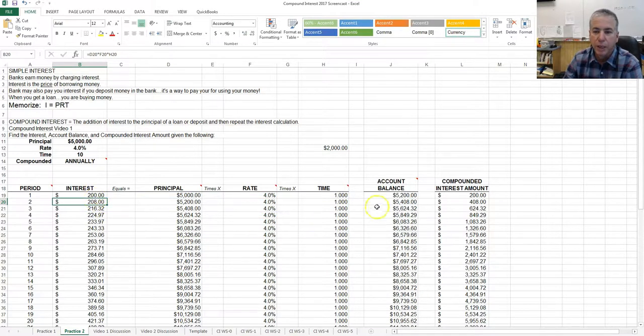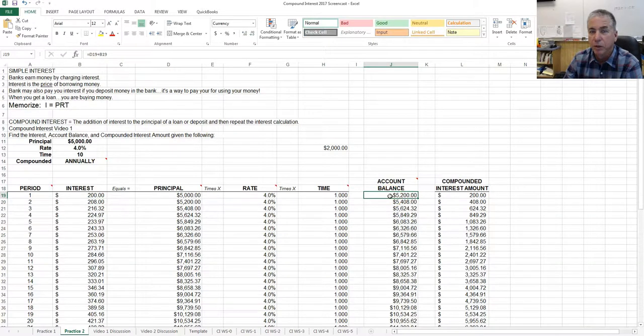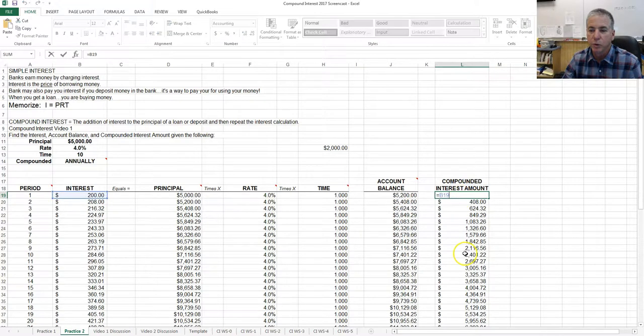Then to calculate the account balance, what we had been calling maturity value, is the principal plus the interest. That's what this formula is here. You can take a look at that as we're going along. The compounded interest amount at this point is simply the first amount of interest that we calculated at the end of year 1.